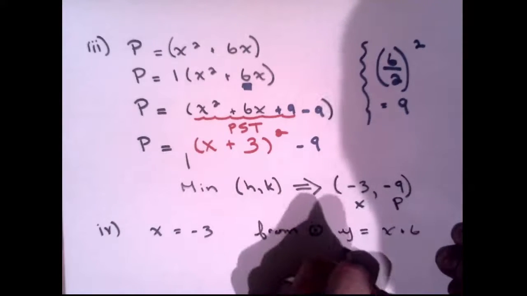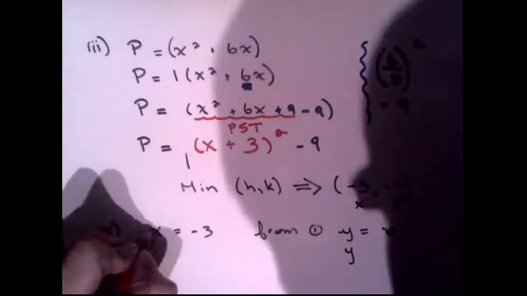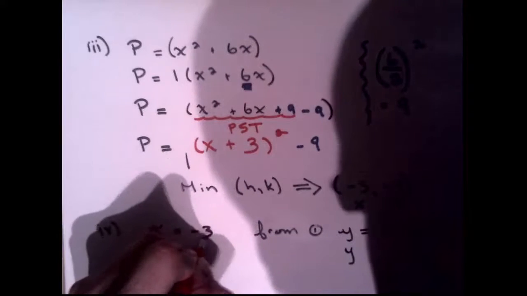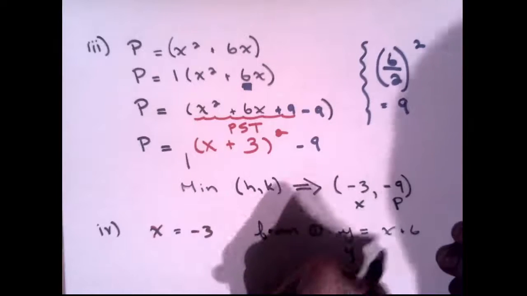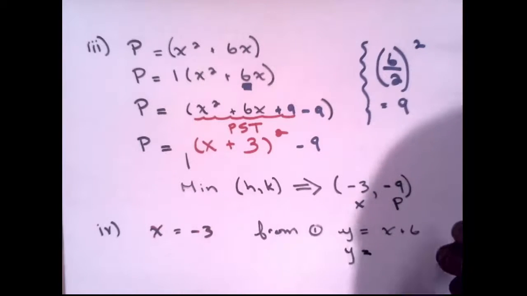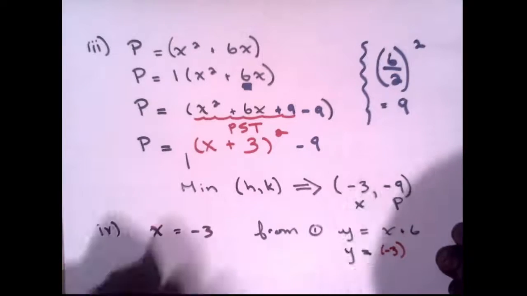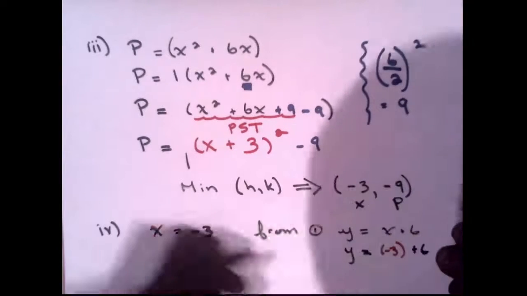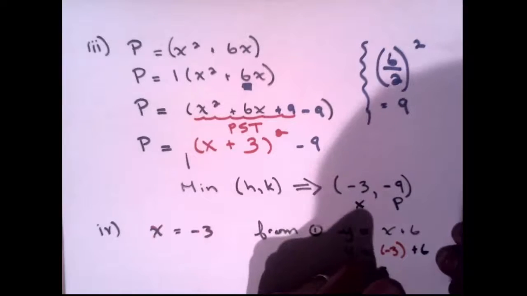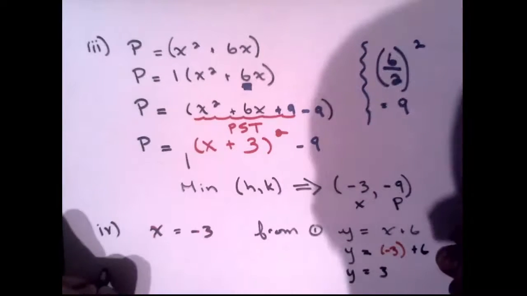So we're going to substitute this x and figure out what our y is. So x is -3. We're adding 6 to that. And y equals 3.